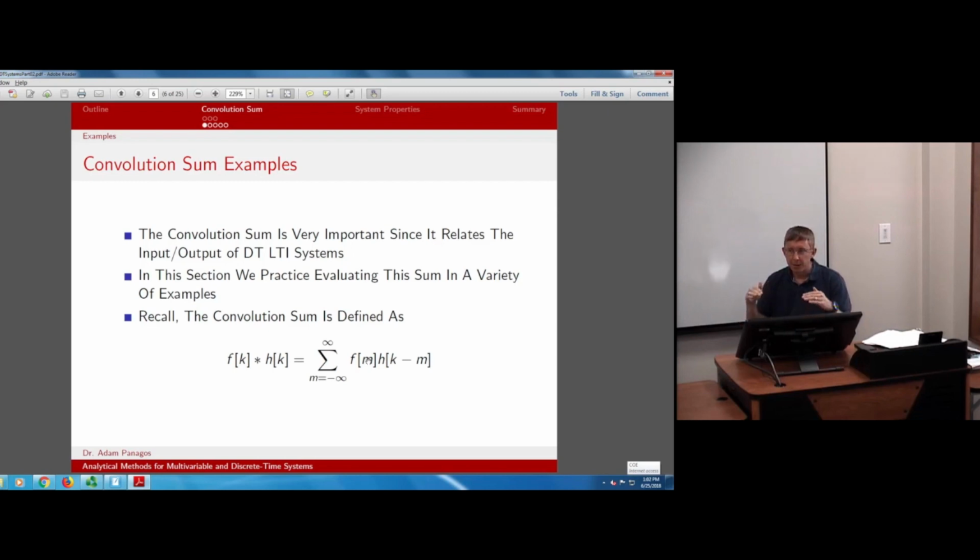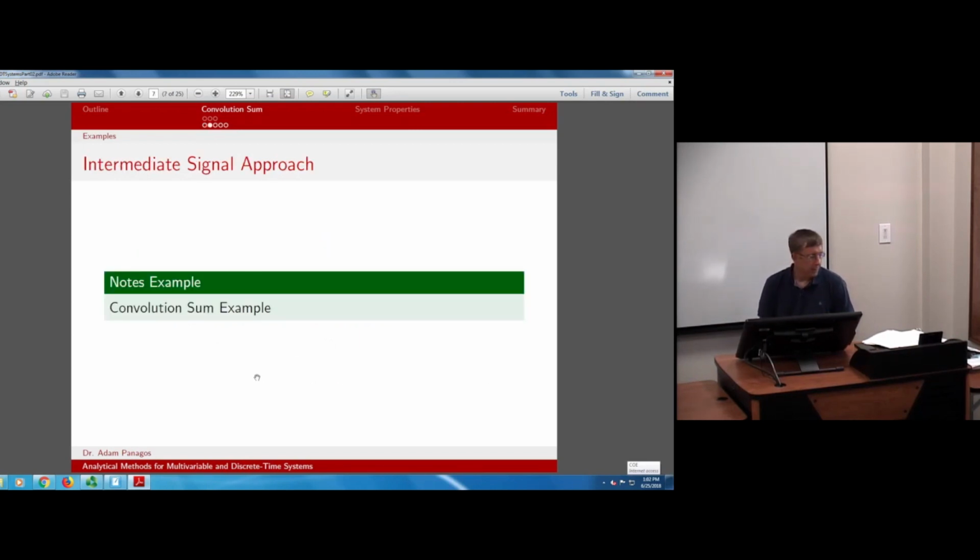But then we're going to make signals that are longer, where you can't do that, so you have to know how to do it with reflecting and shifting and having all the cases. Sound familiar, everybody? So we'll start simple and build up in complexity, but this is what we would like to be able to evaluate for any pair of arbitrary signals.